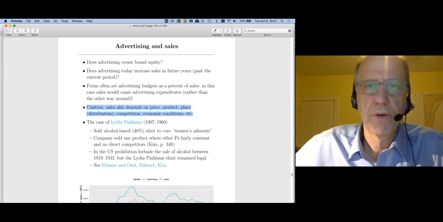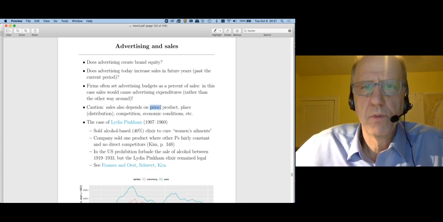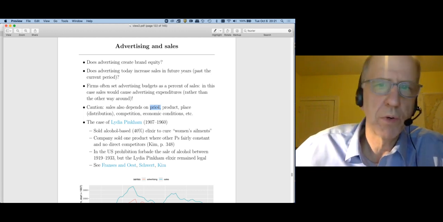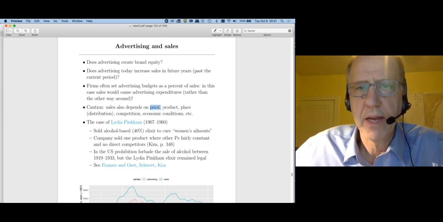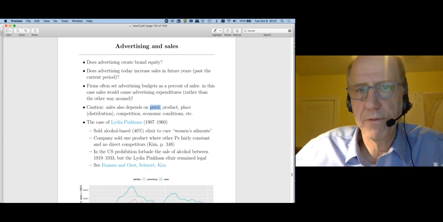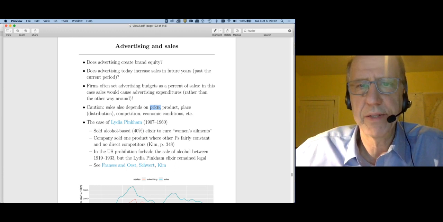For example, there may be other things affecting your sales, such as price, and what you want to avoid is the situation where maybe price and advertising are confounded. Whenever you advertise, you lower your price. Whenever you reduce advertising, the price goes up. In that case, the effects of advertising might be confounded with the effects of price, and you would come to the wrong conclusions about your advertising.